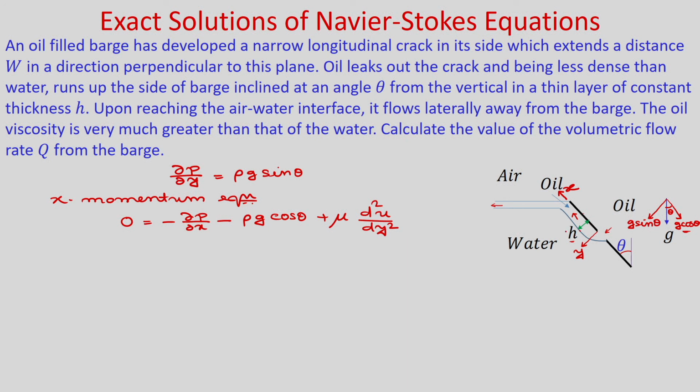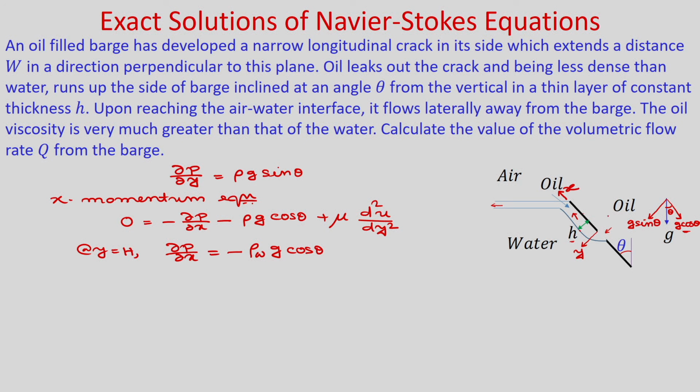So, obviously, you can see that water is stationary, and at this you will get del p by del x at y equal to h, del p by del x is equal to minus rho w g cos theta. Okay.